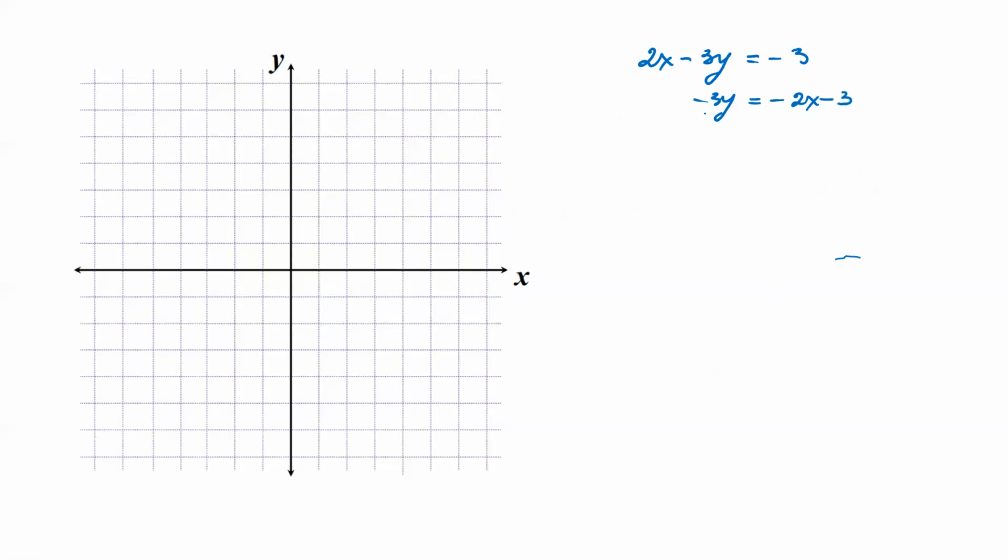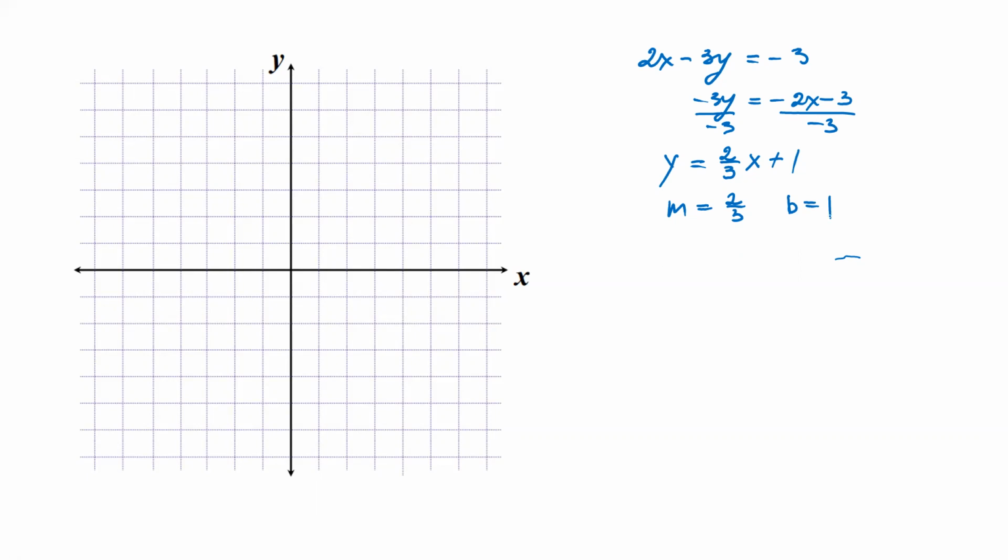Now divide both sides by negative 3. So what do I get? y equals negative 2 over negative 3, which is 2 over 3 x, and negative 3 over negative 3 is plus 1. Okay, so this is now the slope-intercept form of my equation, and the slope is equal to 2/3, and the y-intercept is equal to 1.